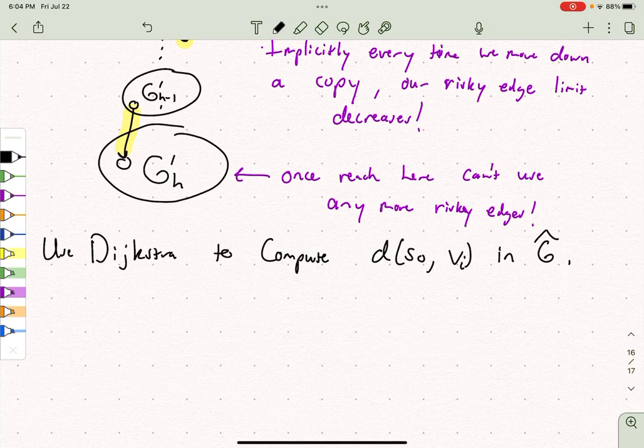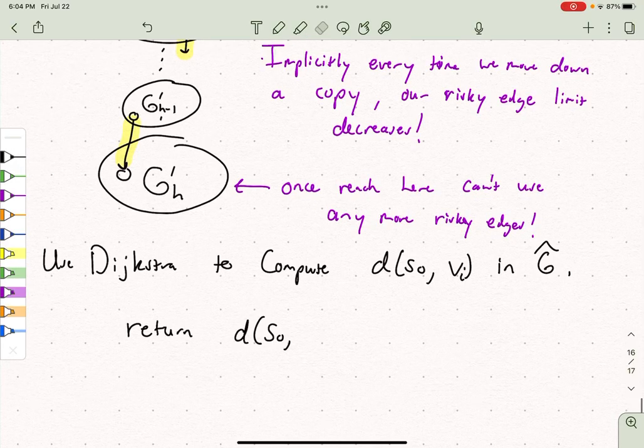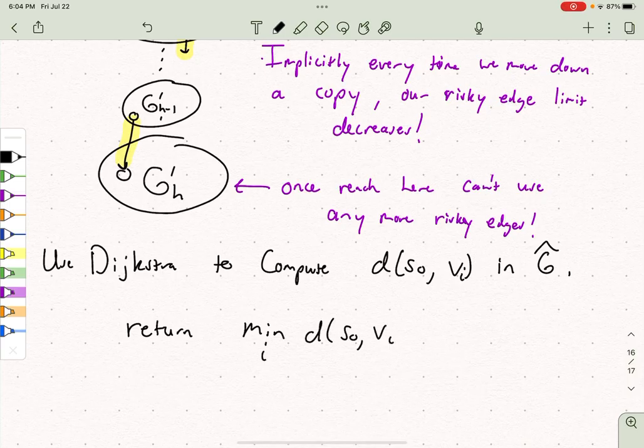And then what we're going to return is the minimum over all i of the distance from S0 to V_i, for all V.